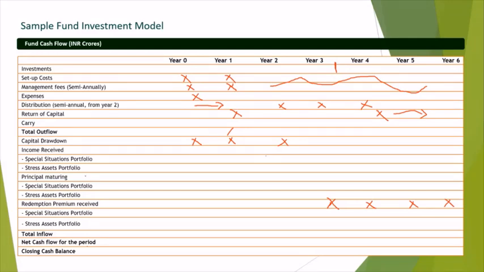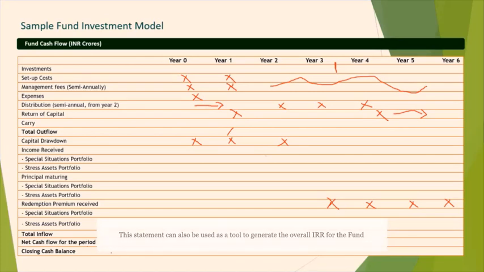It's important to note that this fund investment model is a very critical part of managing the cash flows of the fund, and therefore the fund manager has to plan things in such a way that he is able to maintain sufficient liquidity at the end of each year and make sure that the investments mature in a staggered way.